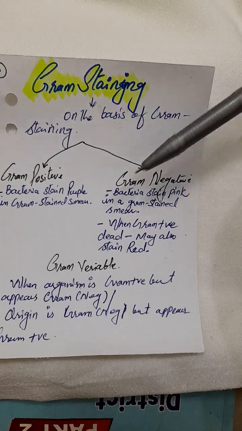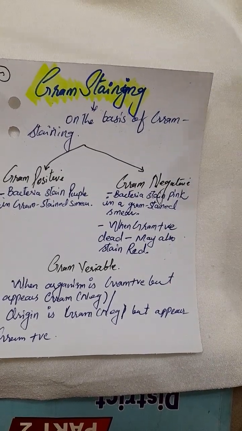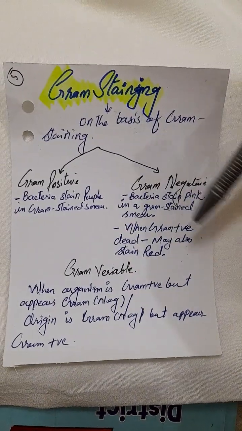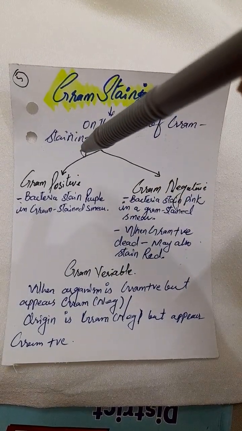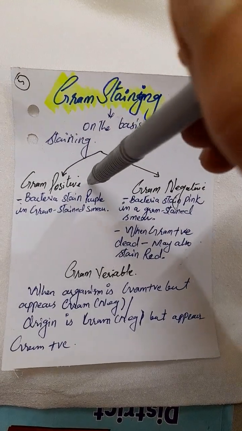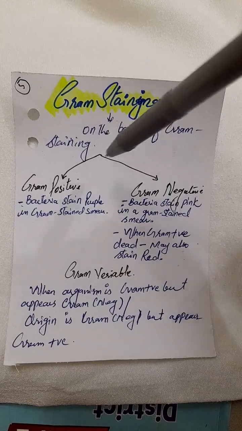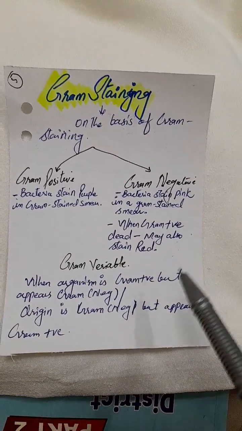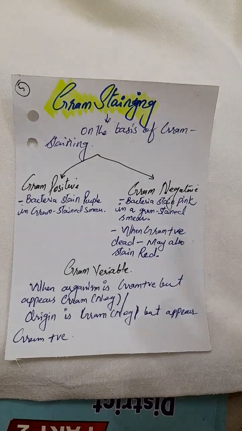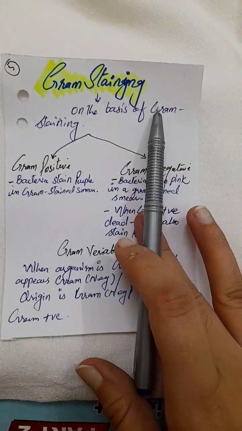The second one is gram negative, which means the bacteria stain pink in the gram stain smear. Another case can also exist: if a gram positive bacterium is dead, it may stain red. So if a gram positive bacterium stains red, it means that it is dead.